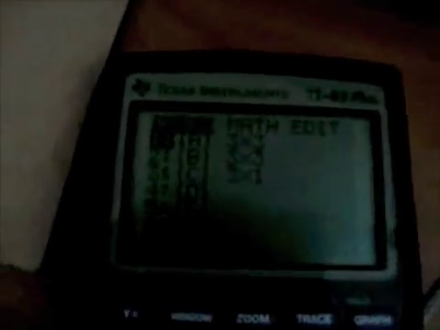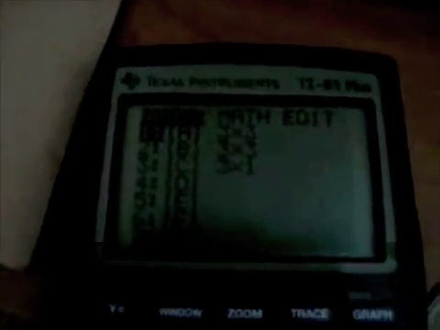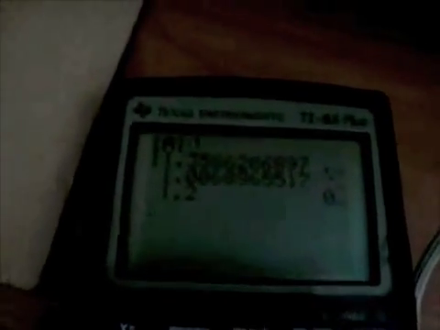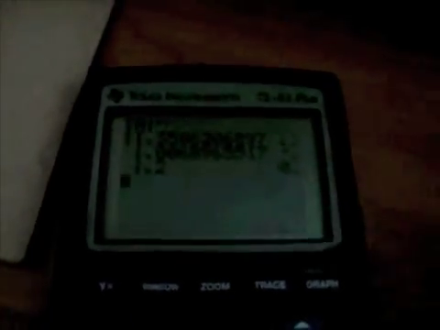Okay, so now comes the next point, how to find the inverse. So now you choose your matrix, like for example I'll choose A, and I'll press x to the power -1. So the power of A is going to be -1. So now you have this, but we all know that you don't want decimals in your matrix.